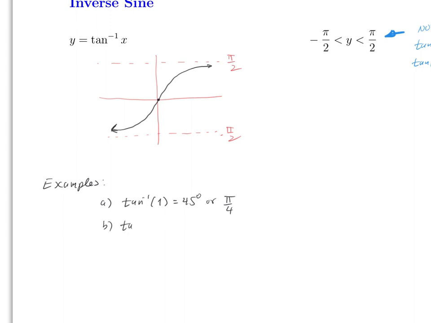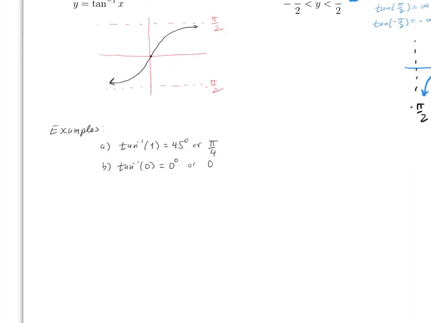If I ask you a tangent inverse of, let's say, 0, this will also be 0 degrees or 0 radians. And let's say I ask you now what is tangent inverse, for example, of radical 3. And let's say you haven't memorized it, you can quickly create a triangle.